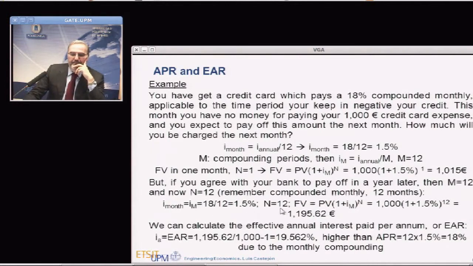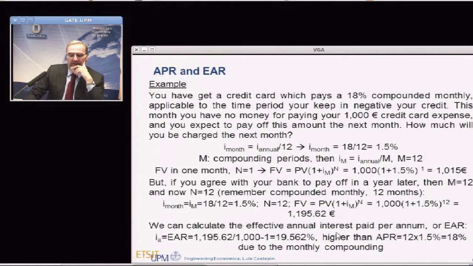The number of periods is 12. So the future value is the present value, the interest rate of every month, and the number of months. So the result is 1,195 euros.